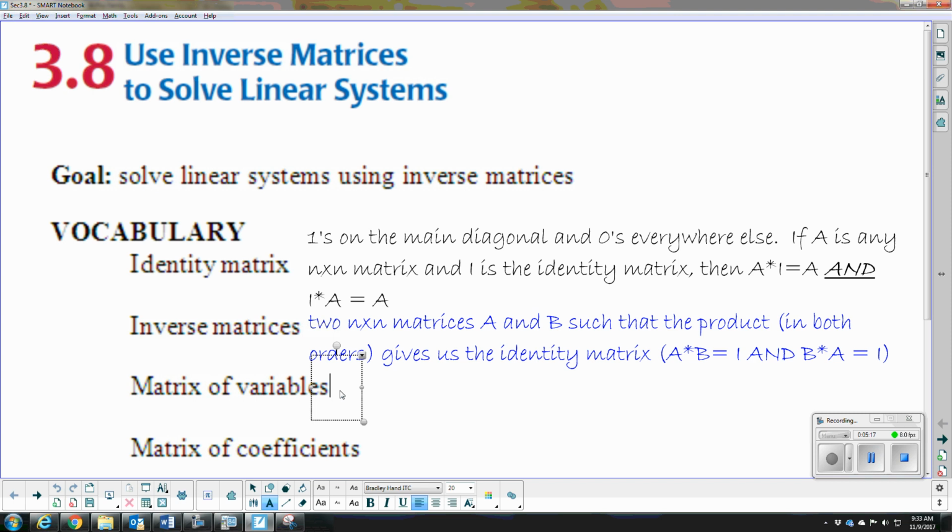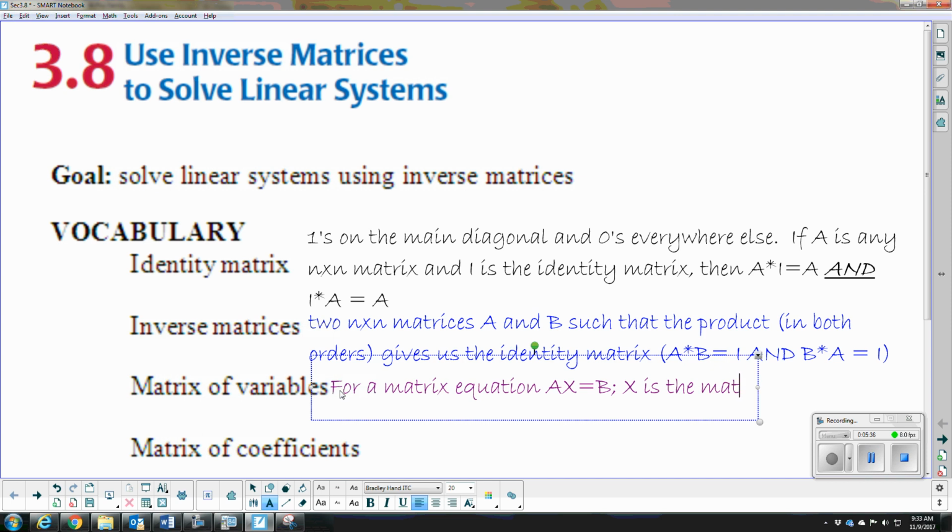So we're going to use this in terms of a matrix equation. So for the matrix equation AX, so matrix A times matrix X equals matrix B, X is the matrix of variables.